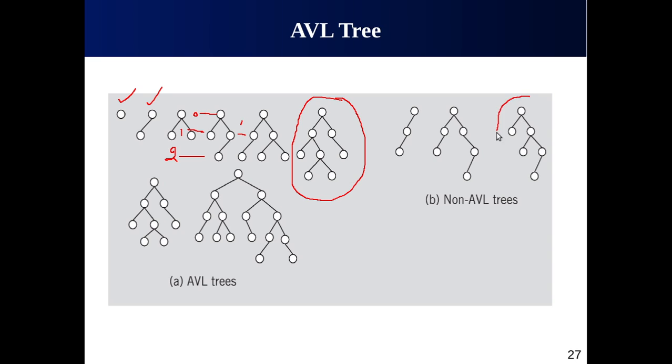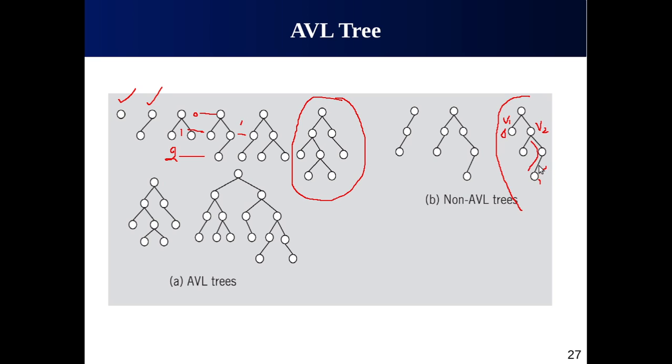Why is this not an AVL tree? Let us see. Suppose this is V1. The height to the leaf node is 0 because it itself is a leaf node. Now this is V2. This is a leaf, and this is the longest leaf.